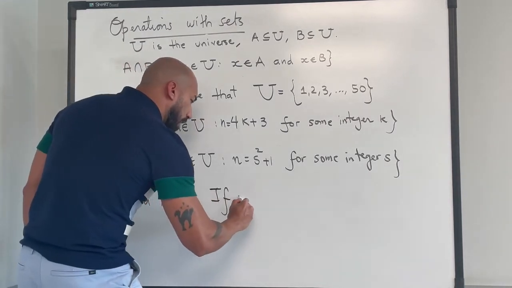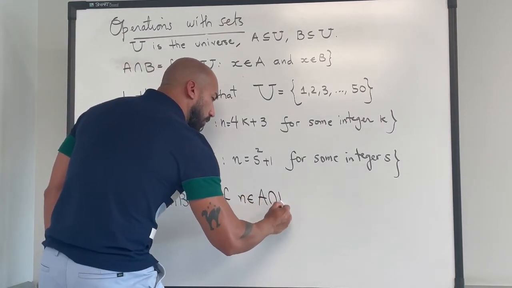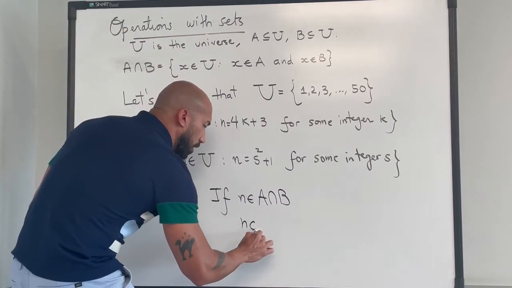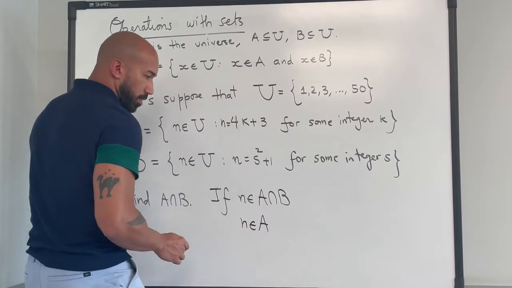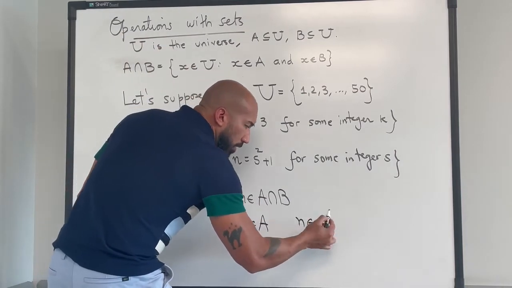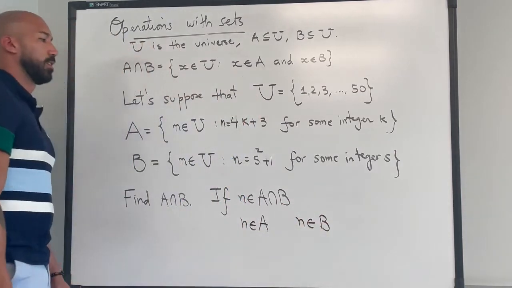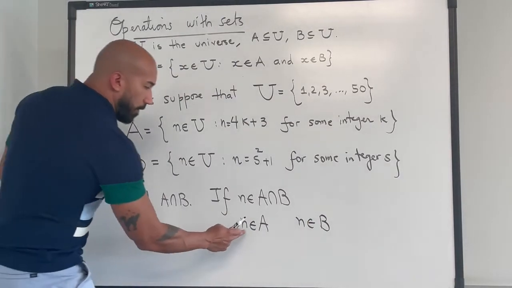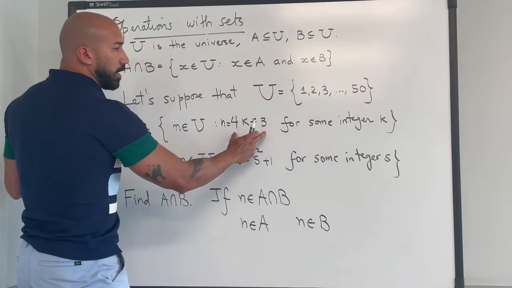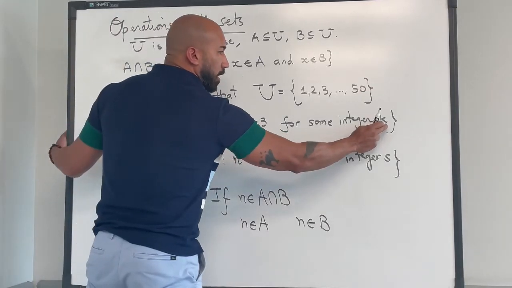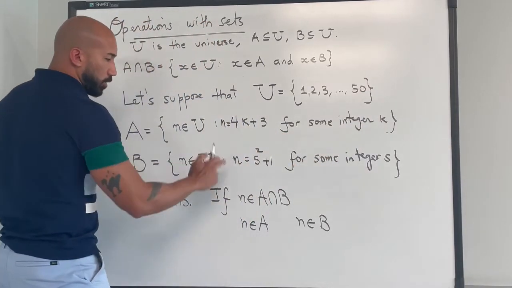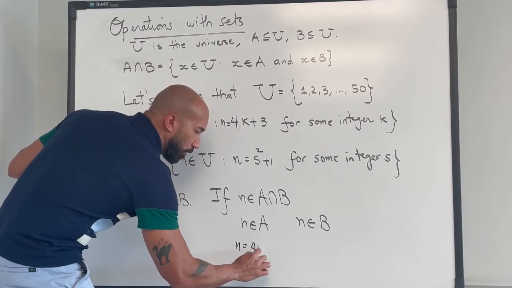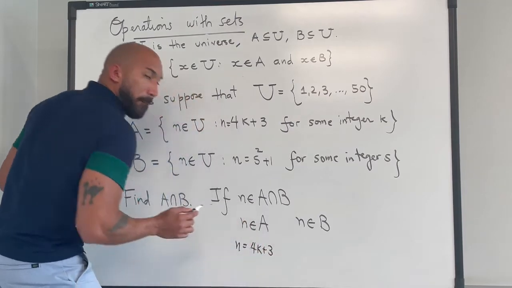If n is in A intersection B, in particular n is in A, but also n is in B, so n is going to be in both sets at the same time. If n is in A, this is telling us that we are going to be able to find some integer k such that n is equal to 4k plus 3.